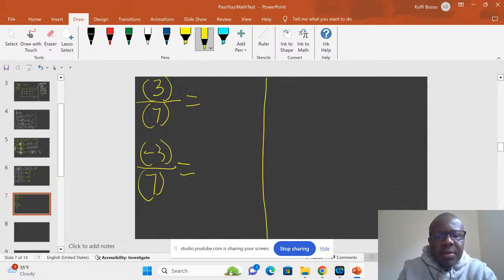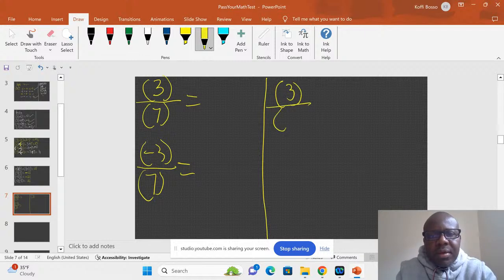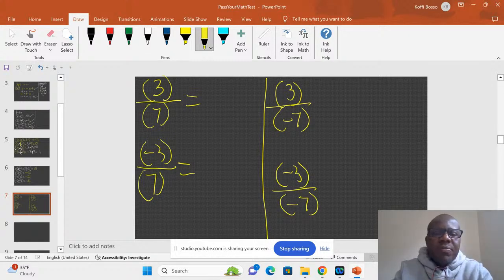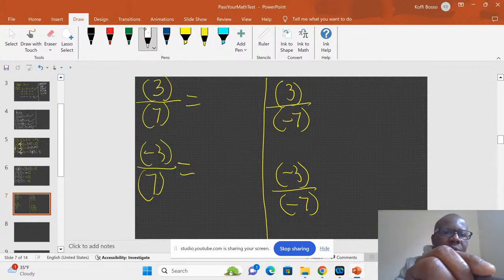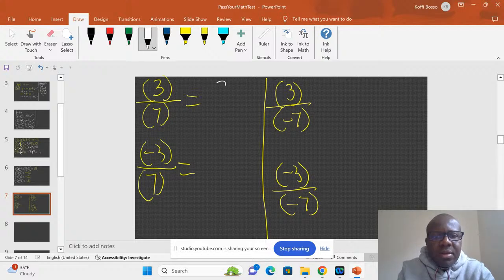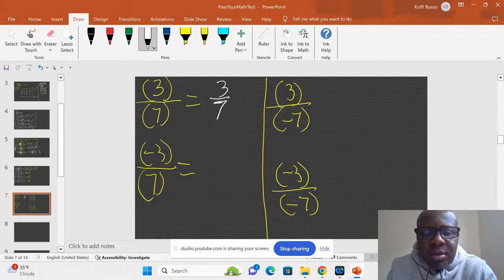I take 3 divided by negative 7. I take negative 3 divided by negative 7. Okay, so I'm going to leave my answer as a fraction, and it has to be a proper fraction. So 3 divided by 7, I have my 3 over 7. I want to leave it as a fraction.